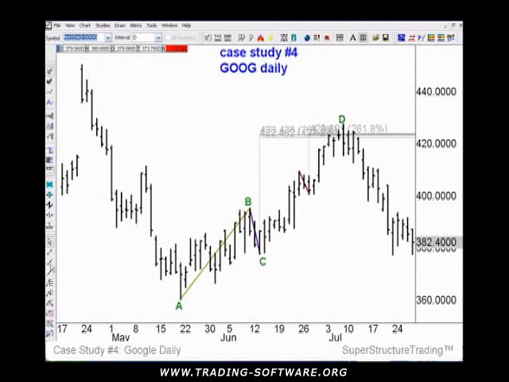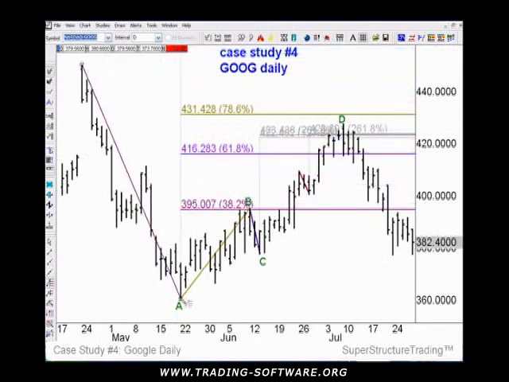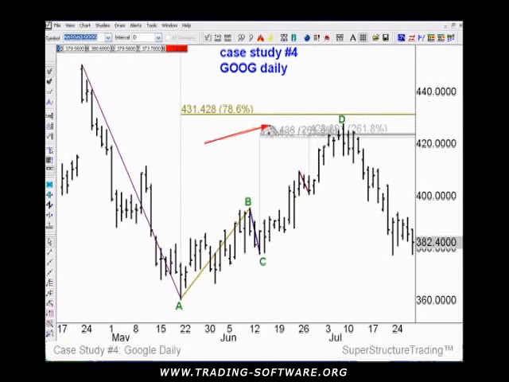Let me draw in Fibonacci retracements from this high up there down to this low at A. Even though we use retracements as guides only, the 78.6% is the furthermost extreme of the three retracements. It seems as if price action at point D came halfway up to the 78% retracement area as if to accommodate that before dropping.